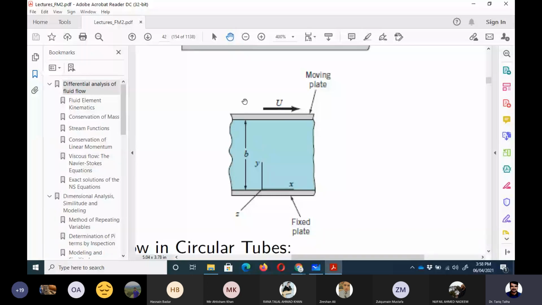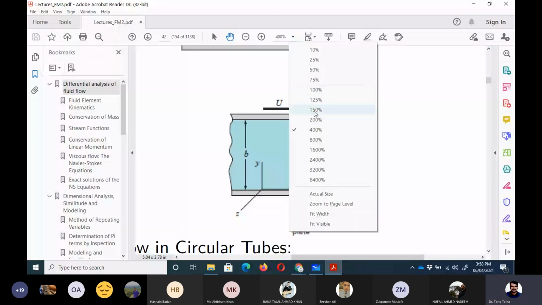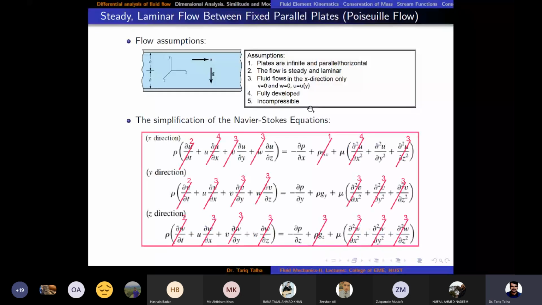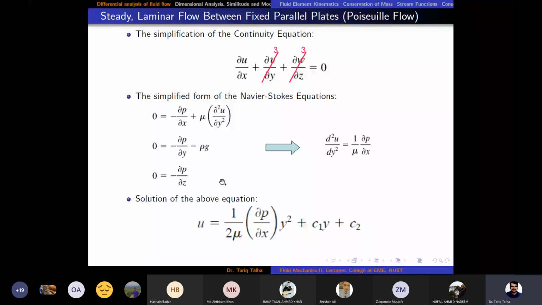And at y is equal to b, we have got the plate which is moving with a uniform velocity capital U. So now let's see how its specific solution would differ from the solution which we obtained for the Poiseuille flow. The general solution would be the same, which is written here: u is equal to 1 upon 2 mu partial p by partial x y square plus c1 y plus c2.